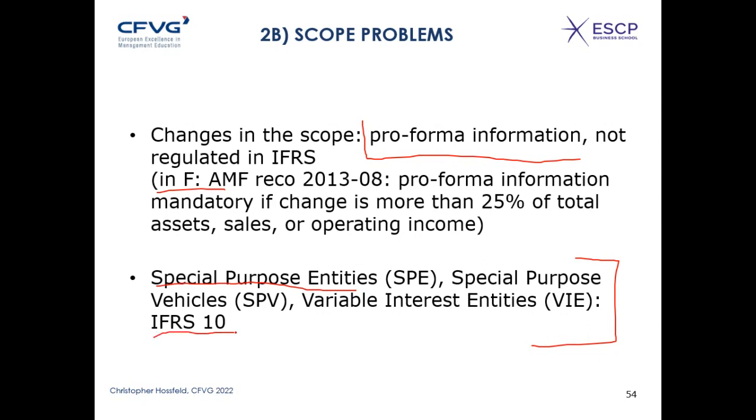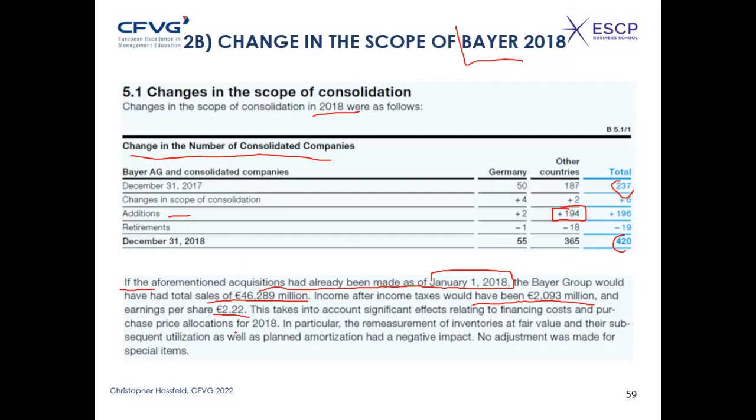Special purpose vehicles is a term for the same thing, but it is more used in finance. In finance, you use SPE or SPV. And variable interest entities is the terminology used in US accounting. But in all three cases, we are talking about the same thing. So let's see, what are special purpose entities or vehicles or variable interest entities?